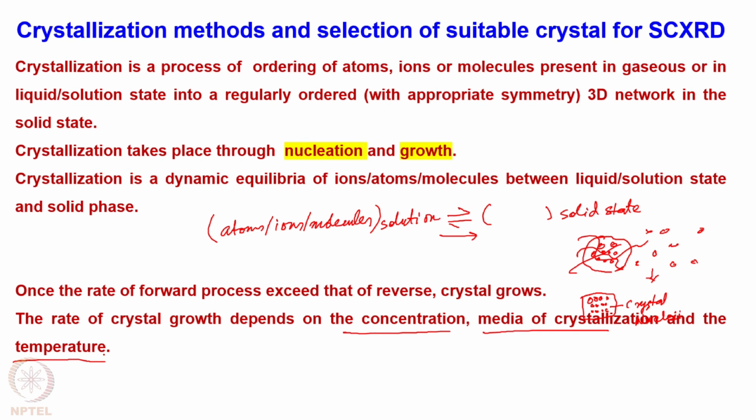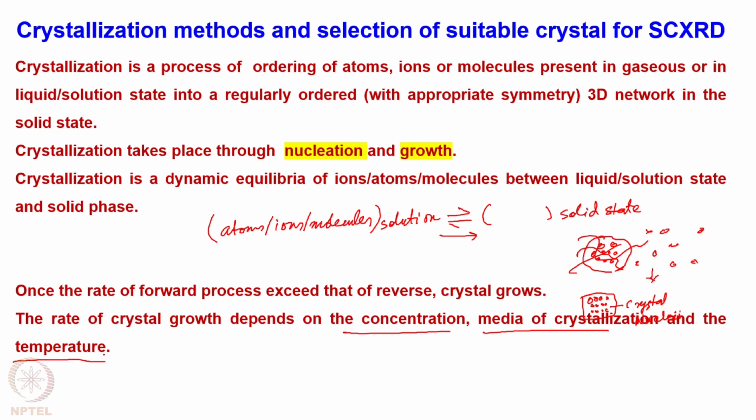Depending on what kind of media we have, how these atoms, ions or groups of atoms or molecules interact with the media. Here we mean by media as the solvents or solvent systems, which can form different types of intermolecular interactions with our target molecules or atoms or ions and control the crystallization process.